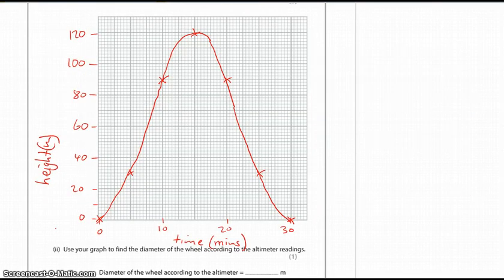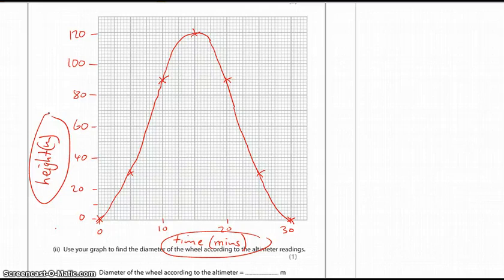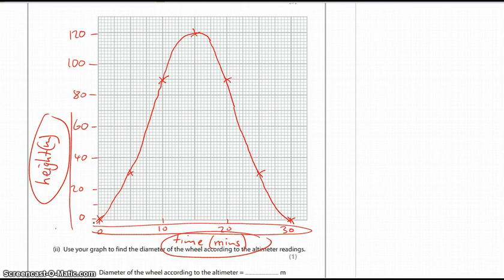Okay, next you have to plot the data, and you get marks for the following. You get 1 mark for correct labels and units on the graph. You get 1 mark for a suitable scale chosen, so with your scale, aim to maximize the size of your graph, to use up more than 50% of the grid.